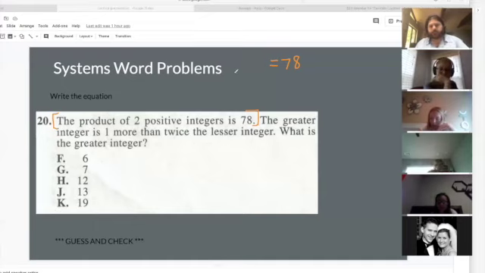Two positive integers, and it says the greater integer is one more than twice the lesser integer. So basically, I have to calculate this out and try. That's all right. Just help me write the equation. How do I write the product of two integers? So like, what would I put over here? Blank blank equals 78.